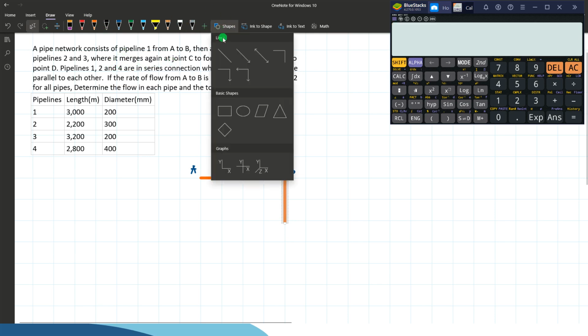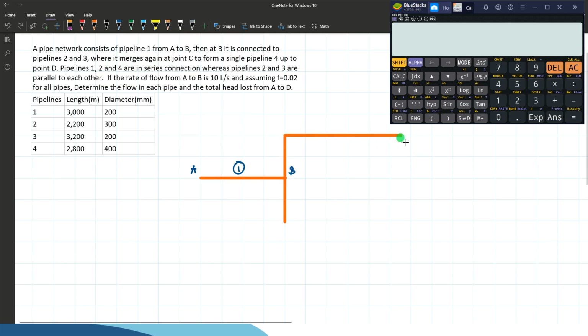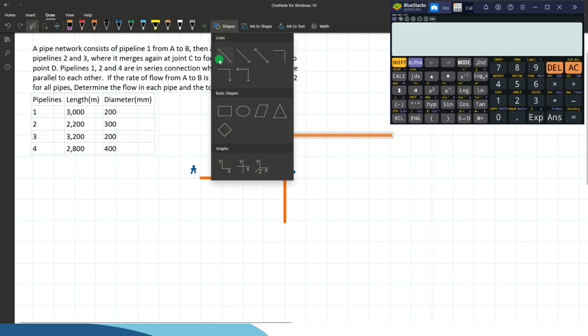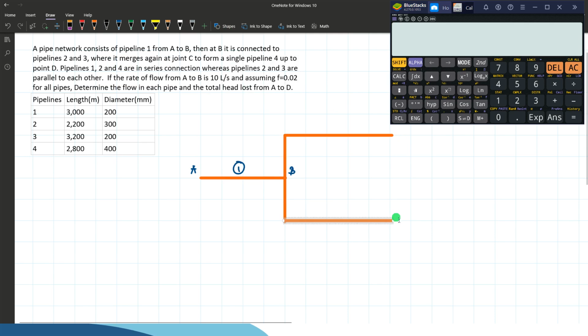Let's continue this. Your pipes 2 and 3 merge at point C to form another single pipe at point D. So this is your pipe number 2, this is pipe number 3, and this is your pipe number 4.